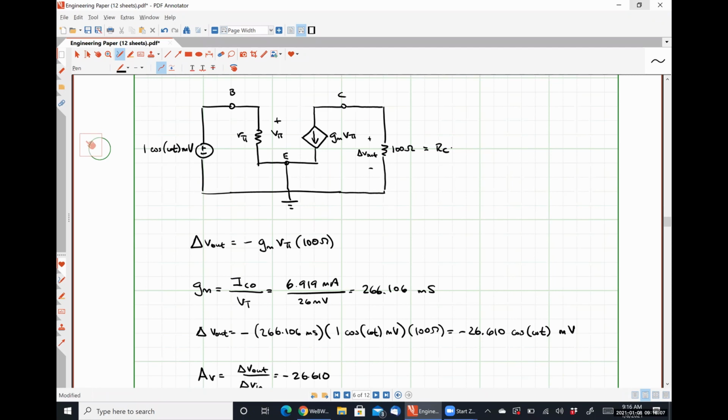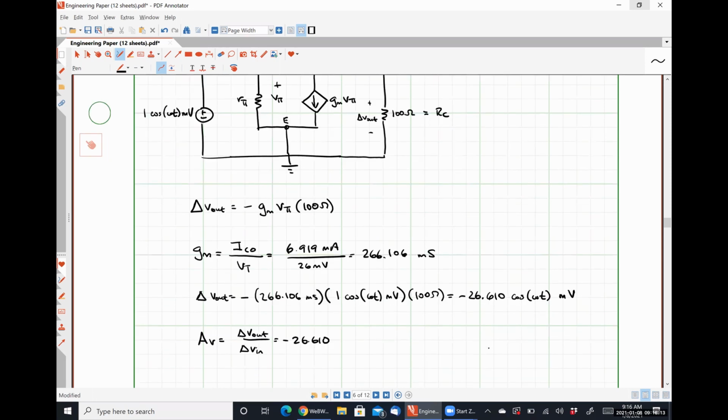All right. So for larger values of RC, does my output voltage get larger or smaller? Larger, right? So let's look at what we have here. We have GM, delta V in, and RC. Our gain is simply negative GM times RC.